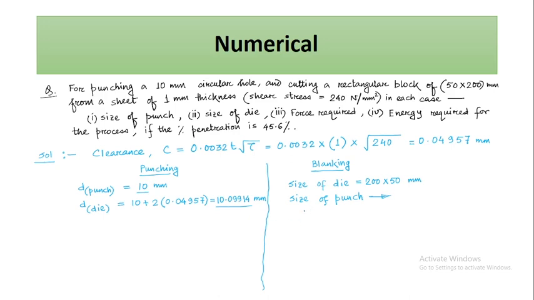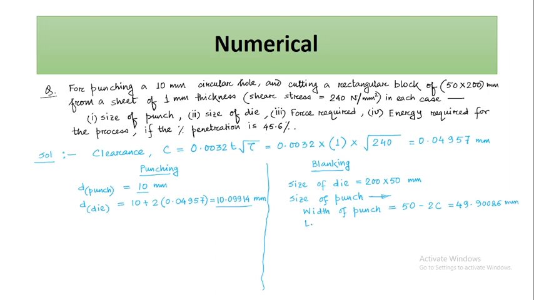So the width of the punch will be 50 minus 2 into C, where C is the clearance. If I put the value of C, we get 49.9086 mm.